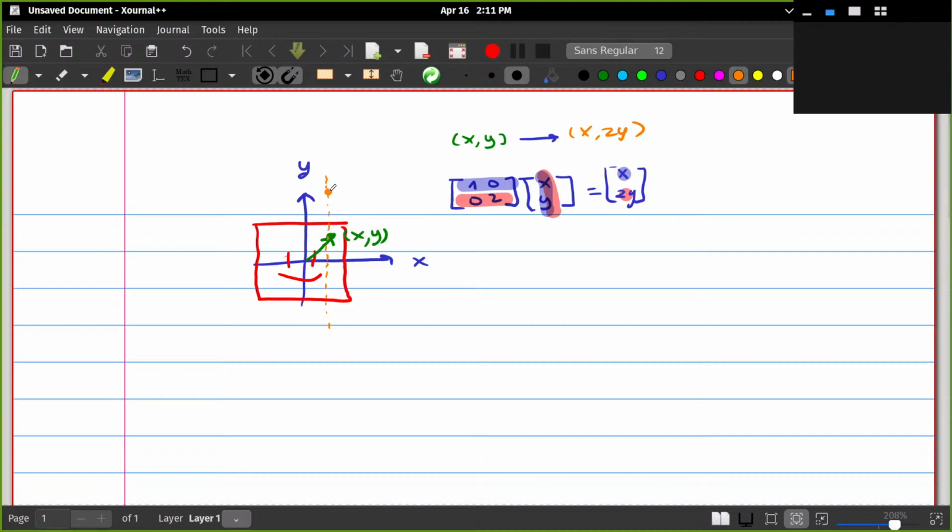That means that the resulting point will be something like this, X, 2y. After applying this transformation to every pixel, our image will be enlarged in the y axis. So the eyes will be bigger, and the smiley face will be down here.